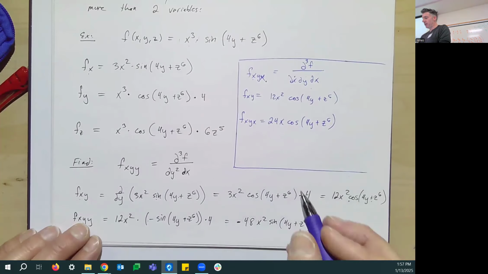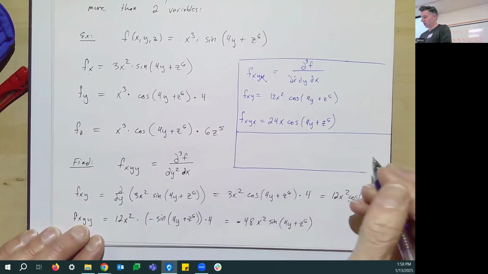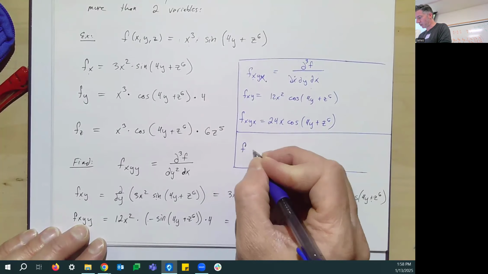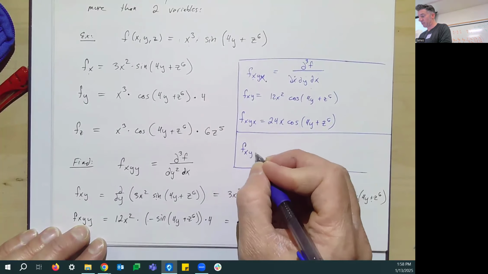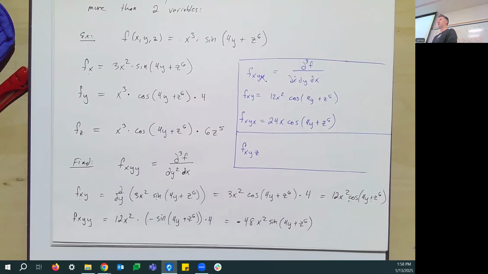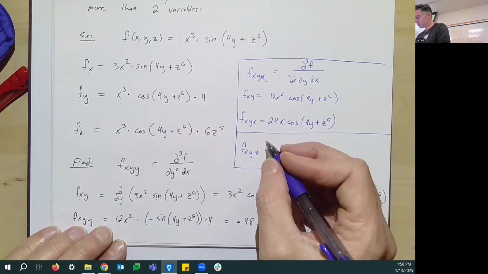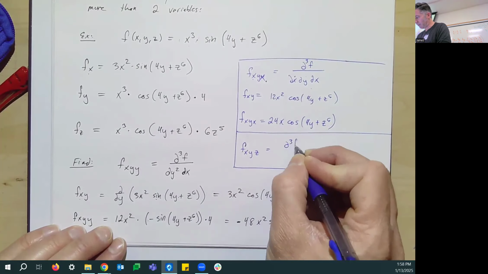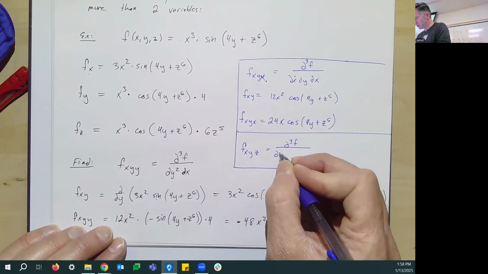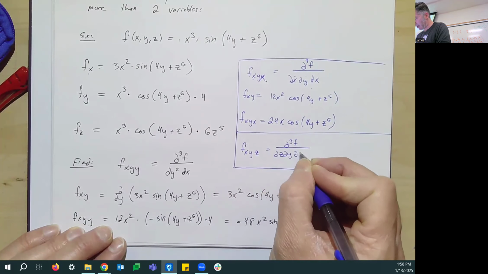And in a similar way, you all could easily find the mixed partial f_xyz, which should be ∂³f/∂z∂y∂x.